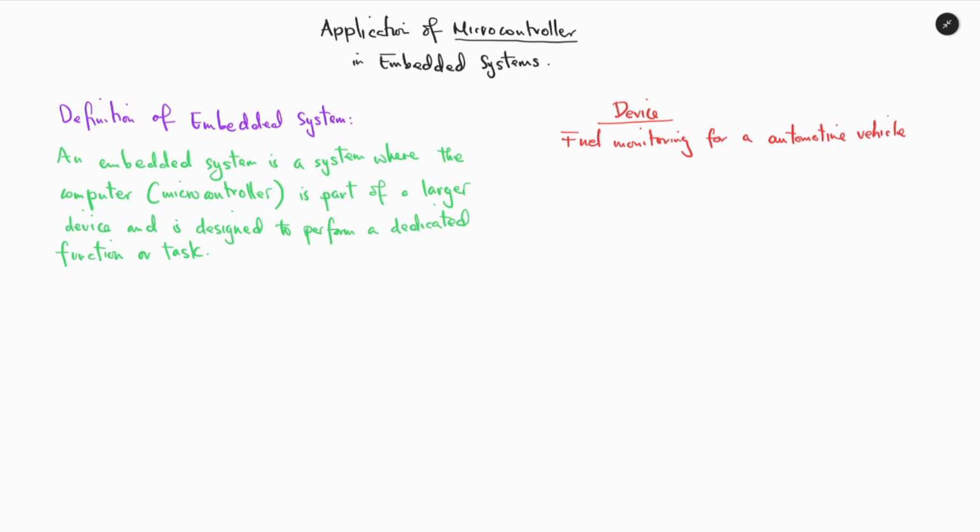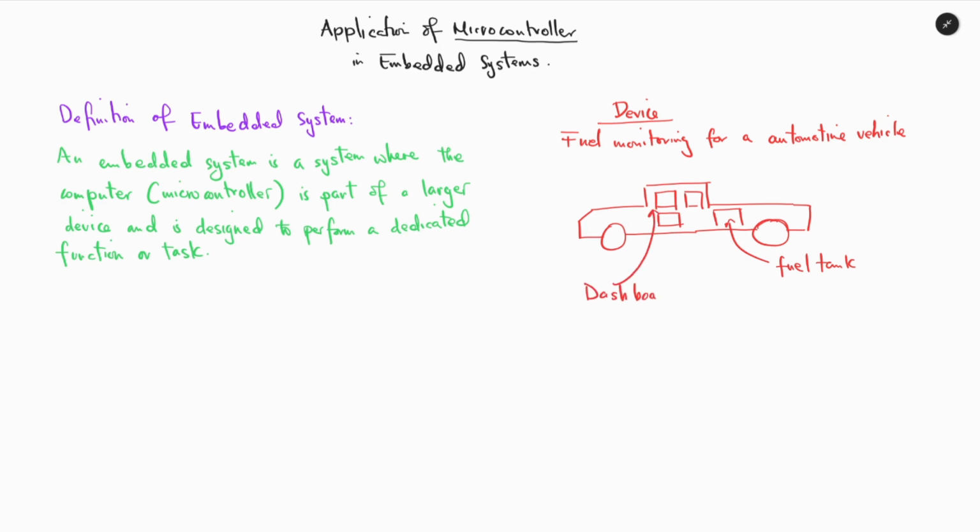and in this particular vehicle we can have the wheels, and what we have is called the fuel tank, and we have a dashboard in the front of the vehicle.